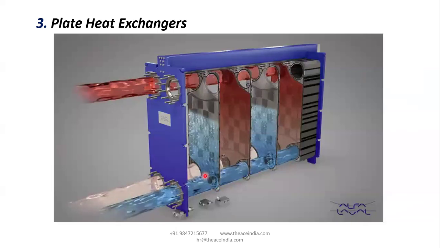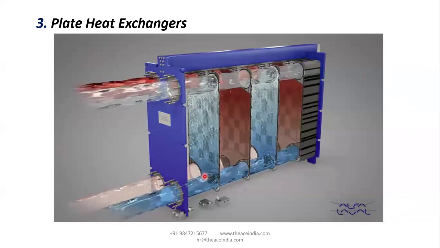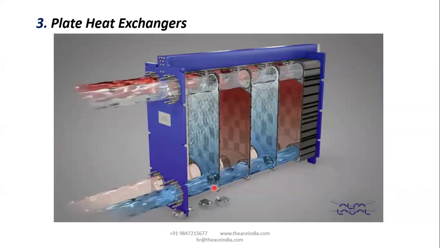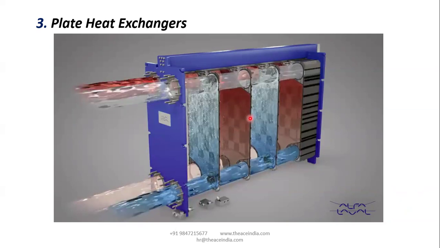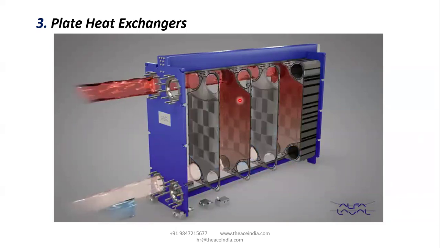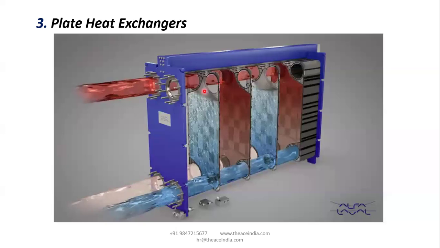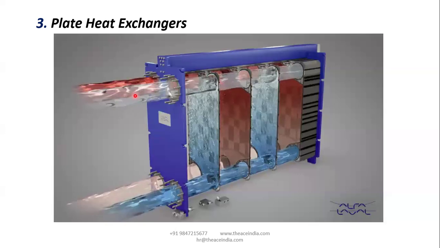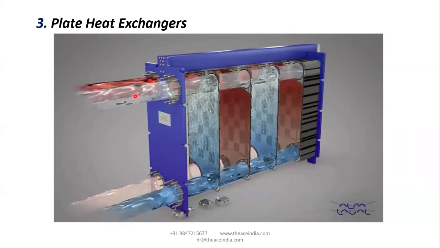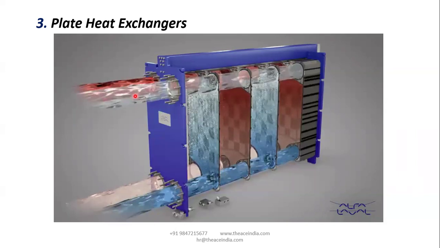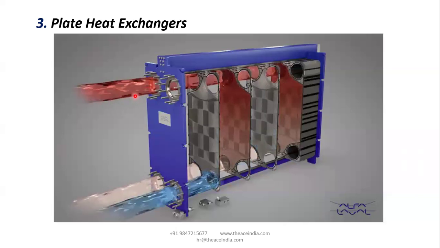The cold water lost its coldness due to the heat exchange between the adjacent plates. At the end of the animation, the water becomes white in color, which means it has lost its coldness. That's how these plate heat exchangers work.